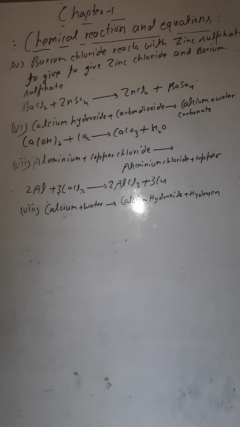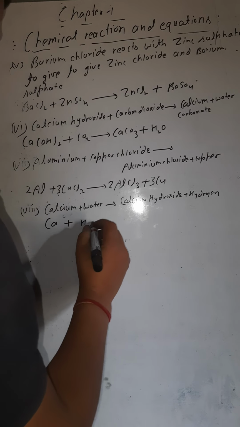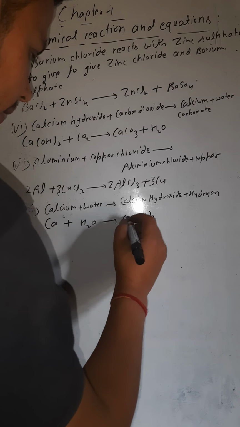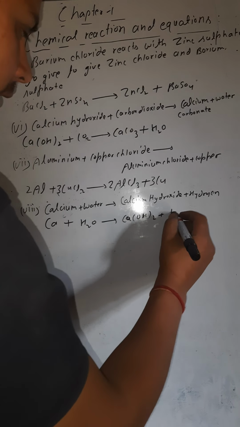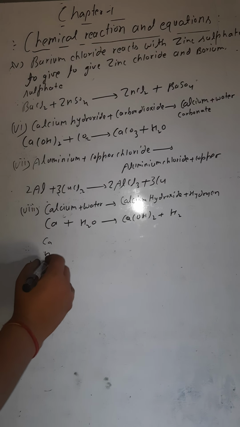Okay, visible? Good. Now calcium is Ca, water is H2O, calcium hydroxide is Ca(OH)2. Okay, and hydrogen is what? H2. Balance, first we will balance calcium, then hydrogen, then oxygen.